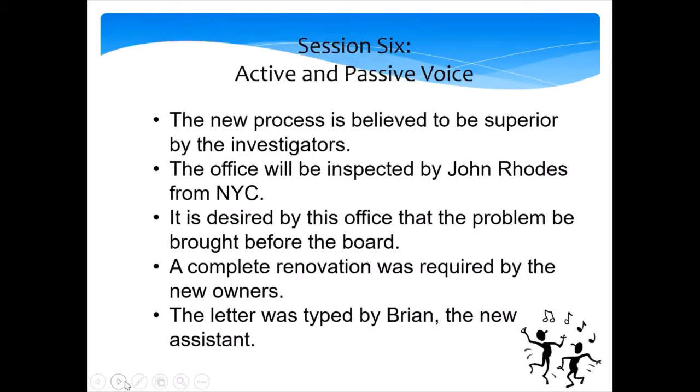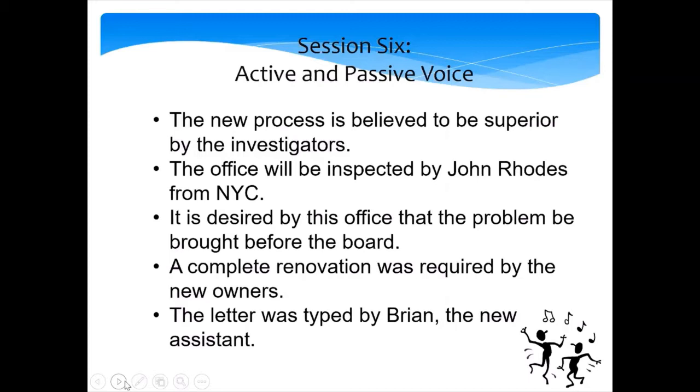We saw this slide before. Now here you are seeing the original sentences which have not been changed to active voice. Now we are going to think and then discuss how these sentences will be written when changed to active voice.